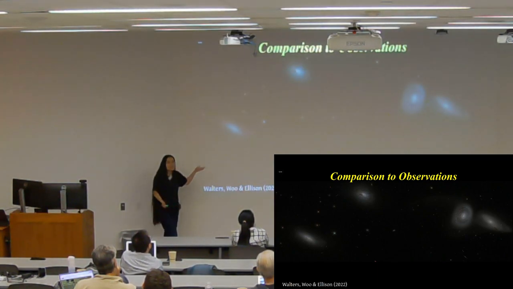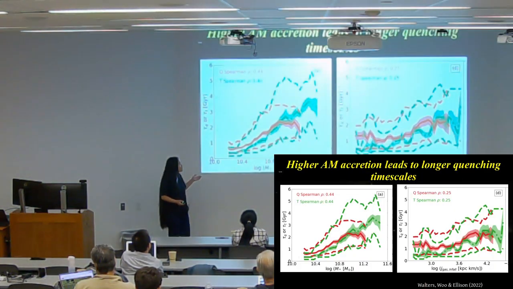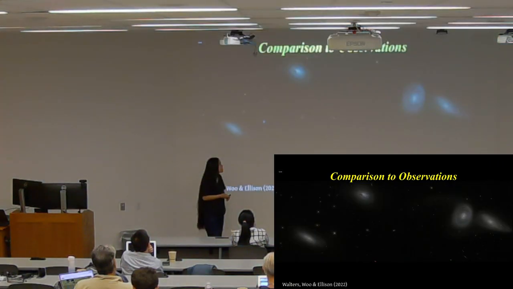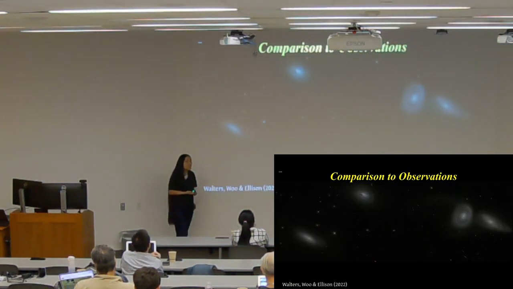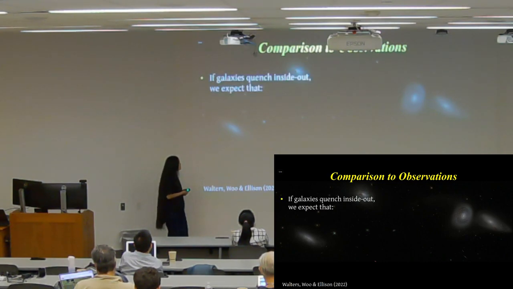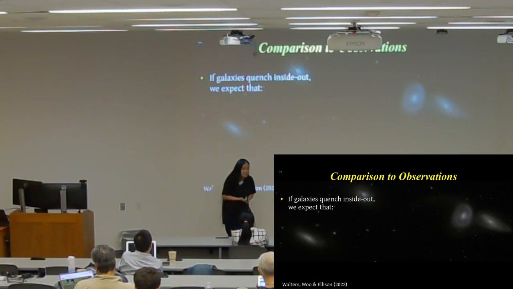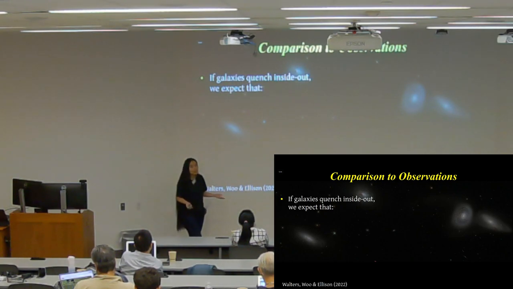And is this confirmed in observations? We can't do quenching timescales in observations, at least not accurately enough. So we realized that if we want to compare to observations, we could use the age gradient. The idea is that if galaxies are quenching inside out, which most galaxies are, right?